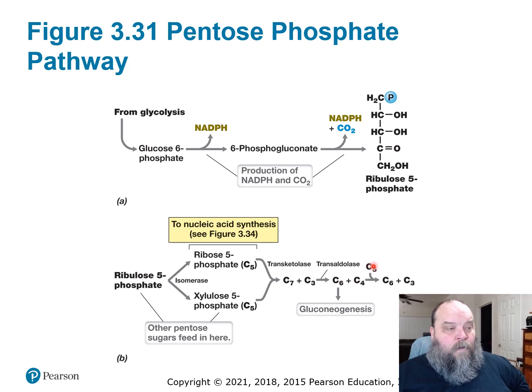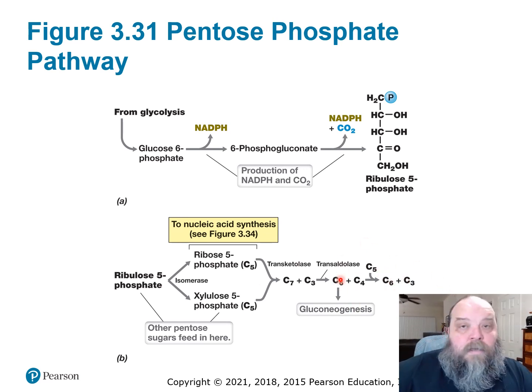The resulting 4s, you bind to something else, another 5 carbon. So 4 and a 5 makes 9. Split that in half. You now have a 6 carbon thing and a 3 carbon thing. That could be pyruvate. That could be another hexose, glucose 6-phosphate, or whatever. And you just keep going and going and going.